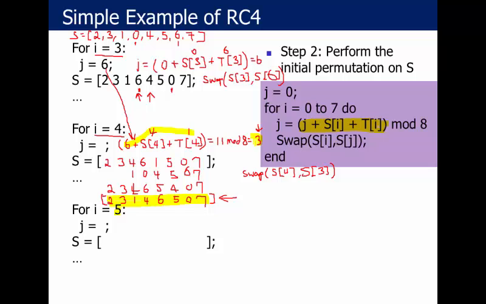Whatever you compute within this parenthesis, if that is 11, then modulo 8, which means you divide it by 8, and what we want is the remainder only. There's a modulo function. So 11 divided by 8 is 1, and the remainder is 3, right?